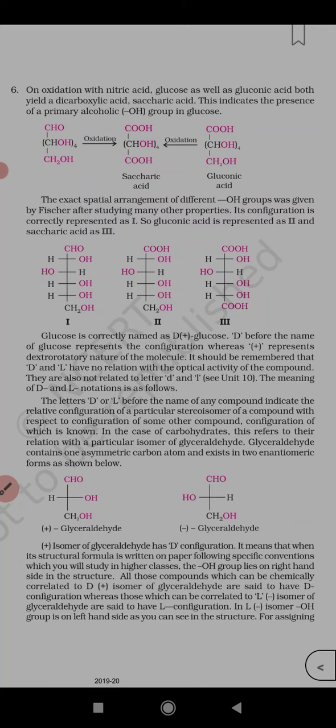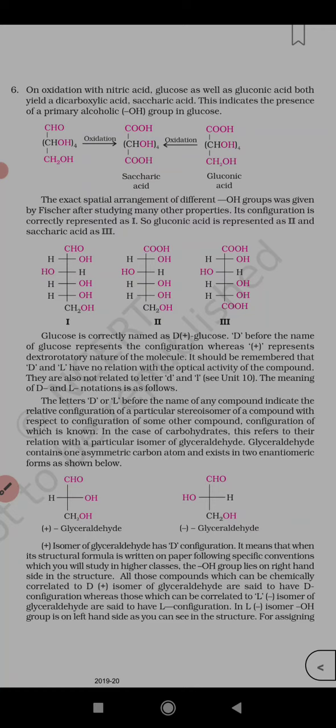Its configuration is quickly represented as 1, gluconic acid is represented as 2, saccharic acid as 3. So its configuration is correctly represented.